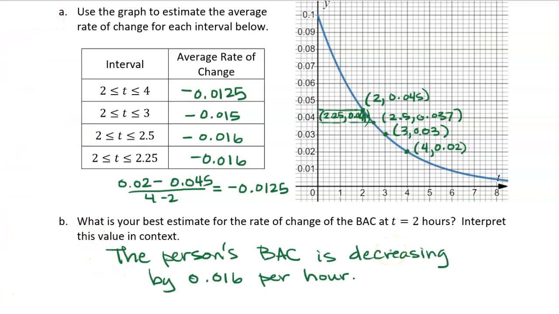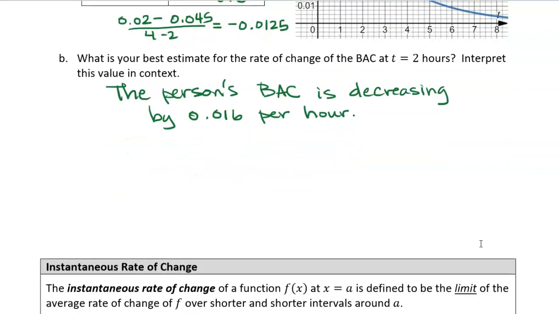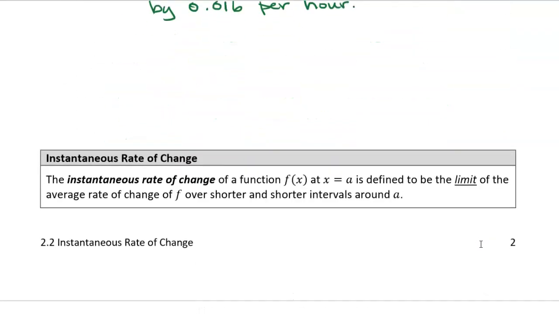So my interpretation of that is that the person's blood alcohol content is decreasing by 0.016 per hour. All right. So that brings us to our general concept here, which is the instantaneous rate of change for a function. We looked at instantaneous velocity. Now we're looking at instantaneous rate of change for a general function.